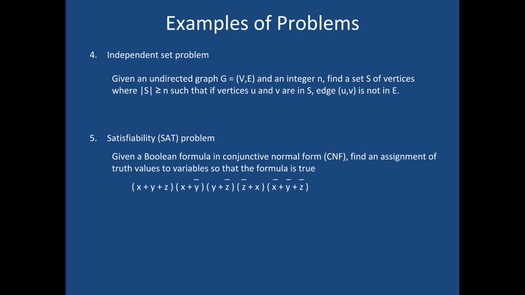So this is x or y or z, and x or not y, and y or not z, and so on. The problem is to find a way to assign true and false to the variables x, y, and z such that the overall expression becomes true.